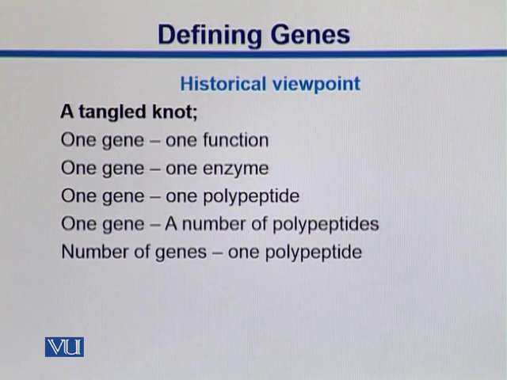Later, when enzymes were studied, it was found that they are made up of different polypeptides, so it was hypothesized that one gene may be associated with one polypeptide. Then that became one gene playing a role in the formation of a number of polypeptides. And now we see that even one polypeptide is associated with a huge number of genes. So defining a gene has always been a cumbersome task in history.